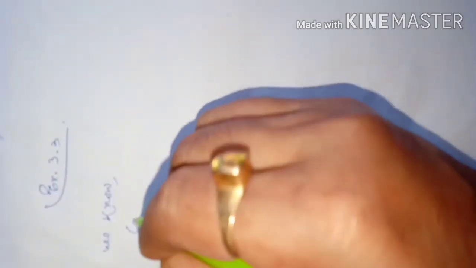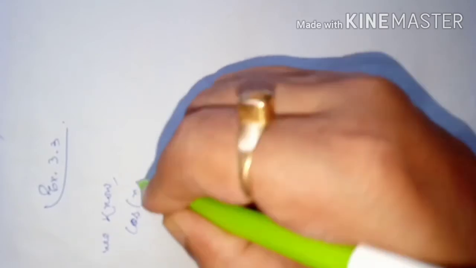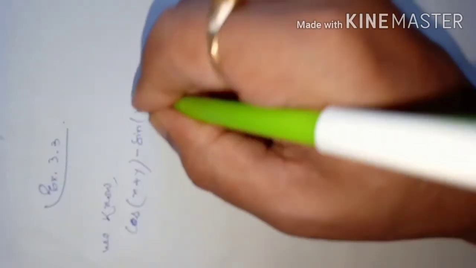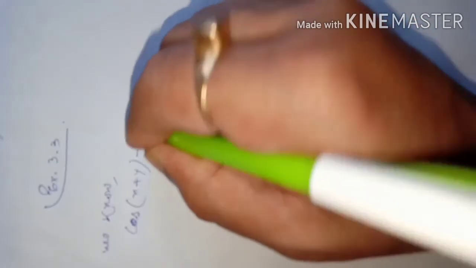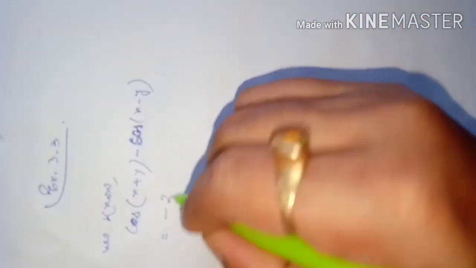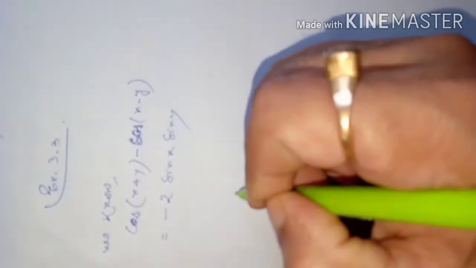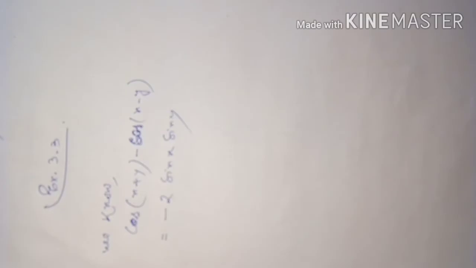So we know that cos of x plus y minus cos of x minus y gives us minus 2 times sin x sin y. So you can apply this identity in this situation here.